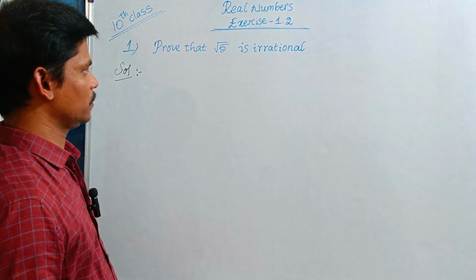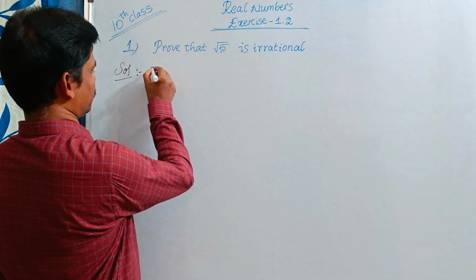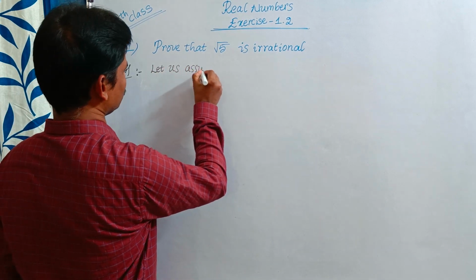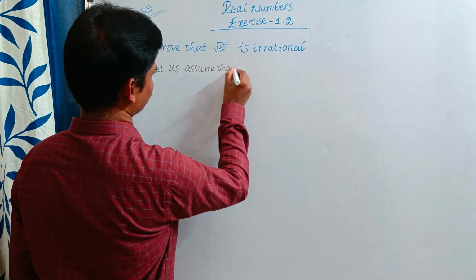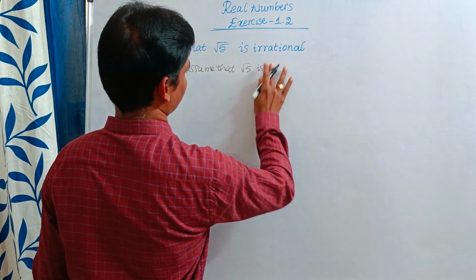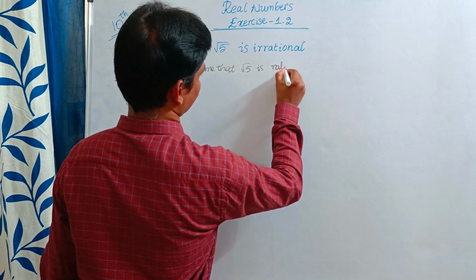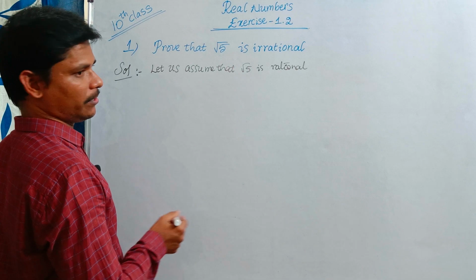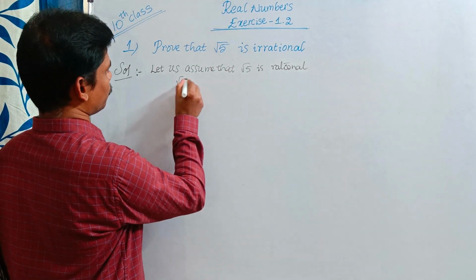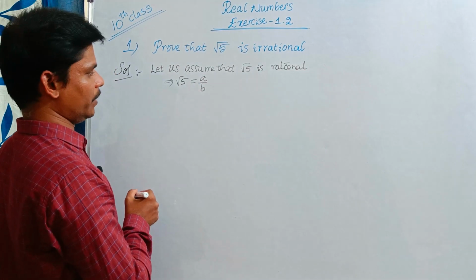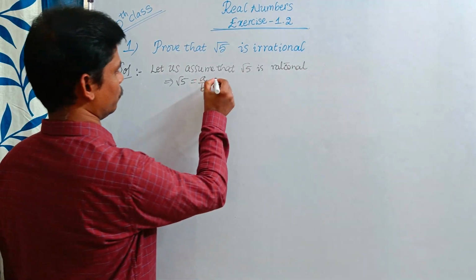Okay, here first let us assume that root 5 is rational. Rational means root 5 is equal to a by b, which is in the form of p by q.